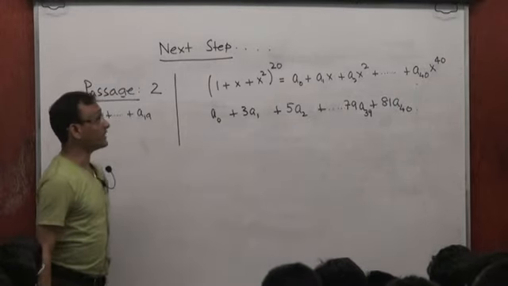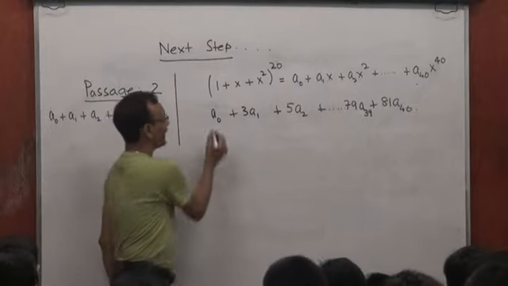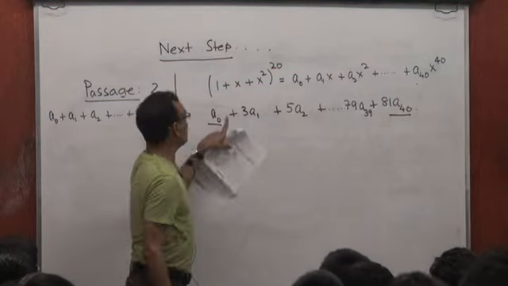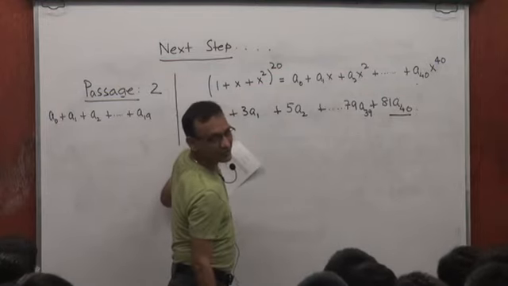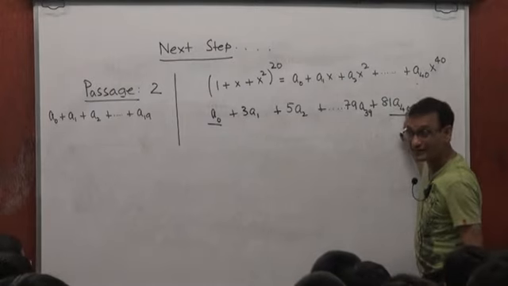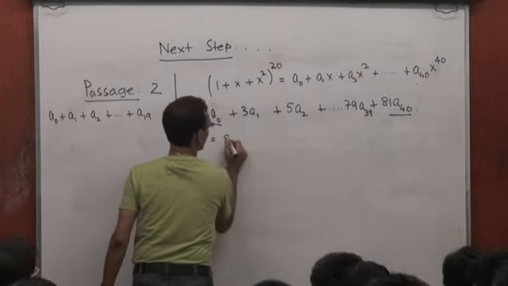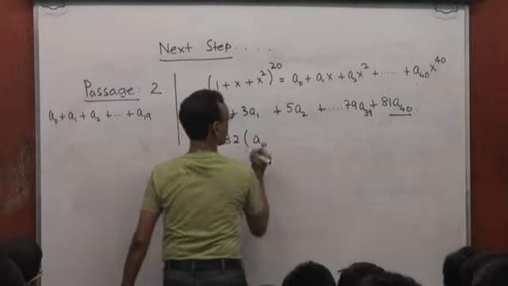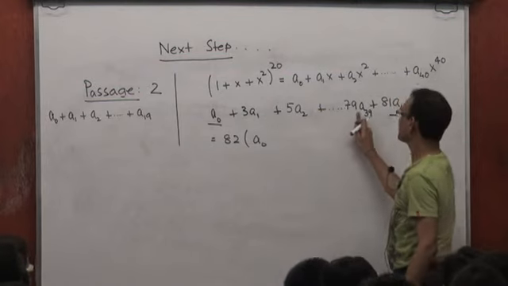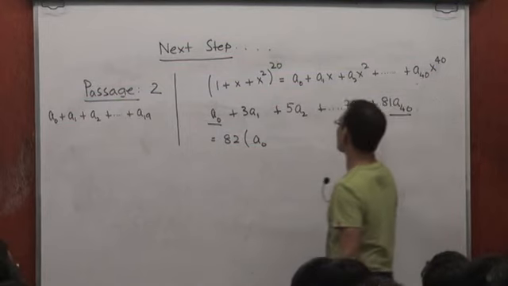I want to be able to find the value of this. Again, I want to club A0 with A40. So this will give me 82 A0. Yes or no? Because A40 is the same as A0. So this will give me 82 A0. A39 is the same as A1. 82 A39. Yes or no?